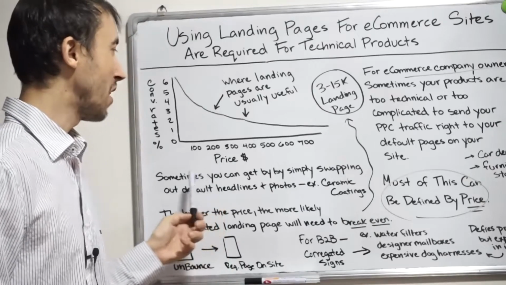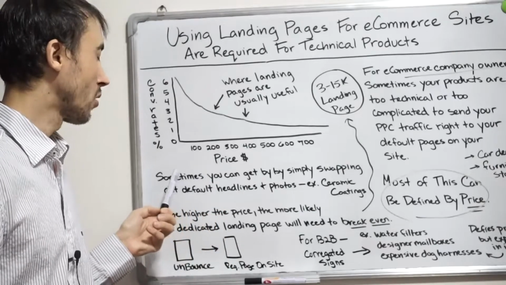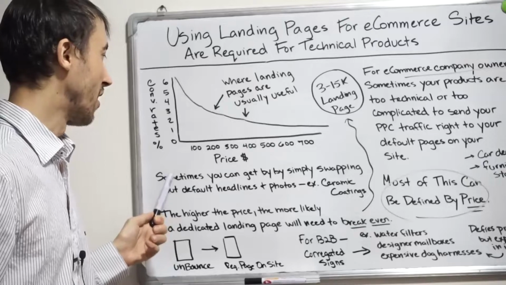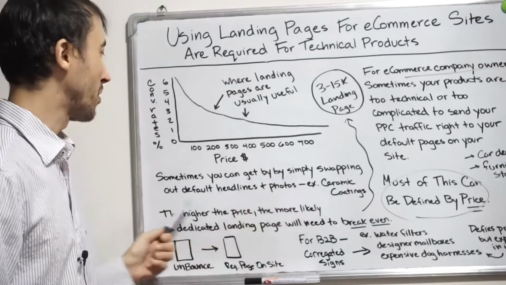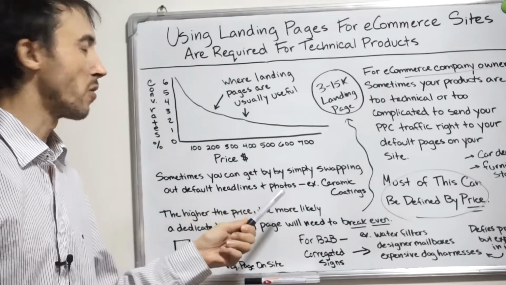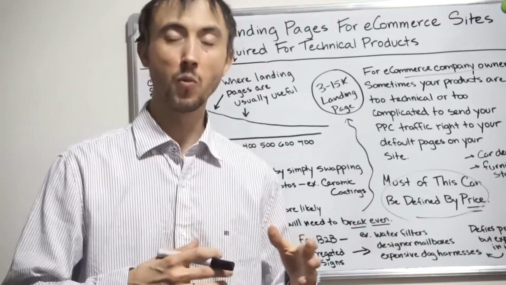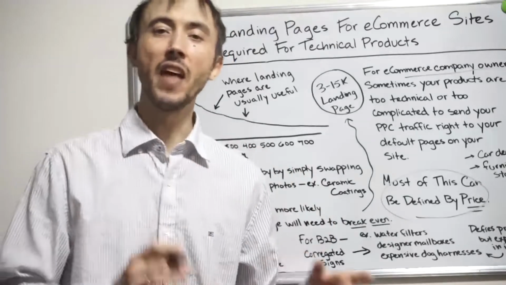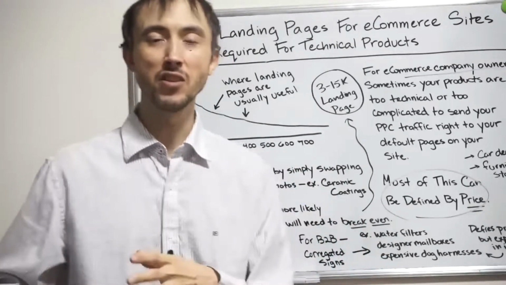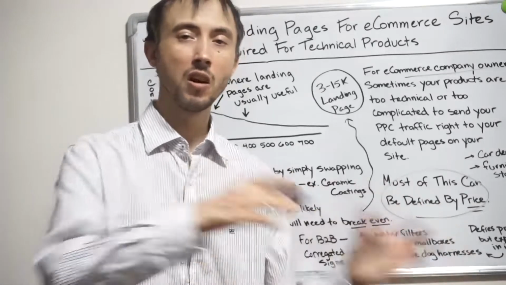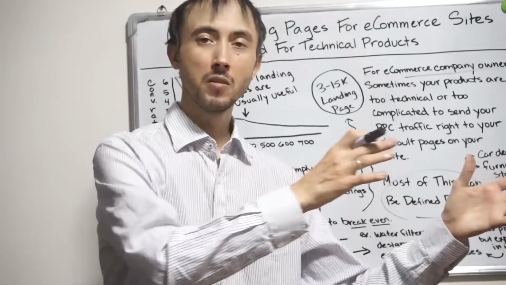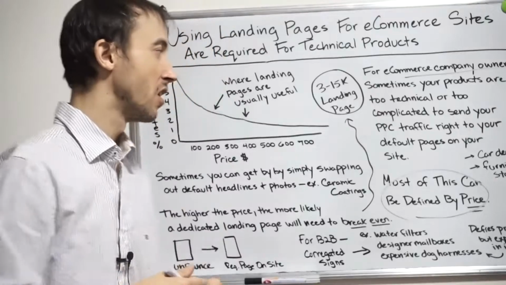We had a company who, so before I get there, I guess I'll say, sometimes you can get by simply swapping out the default headlines and photos on your page for certain use cases, and that will serve as a de facto landing page that will get you over the barrier to being profitable in a lot of cases.